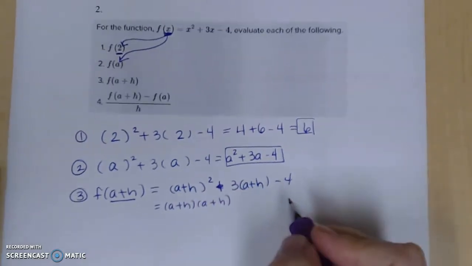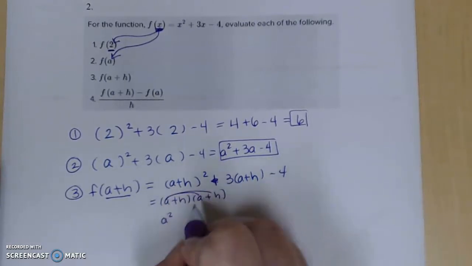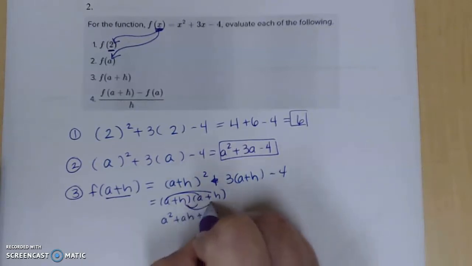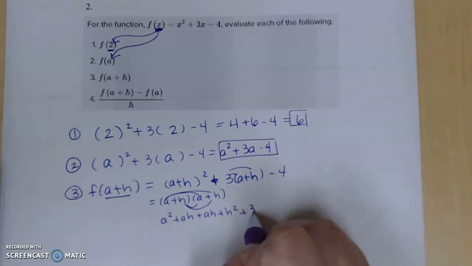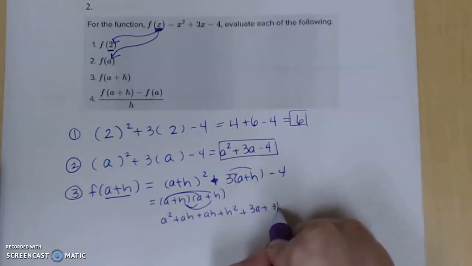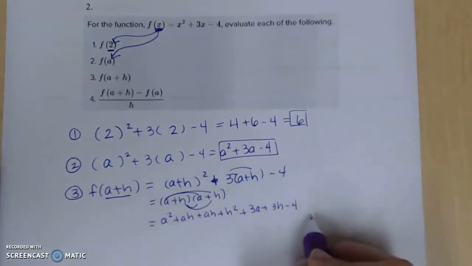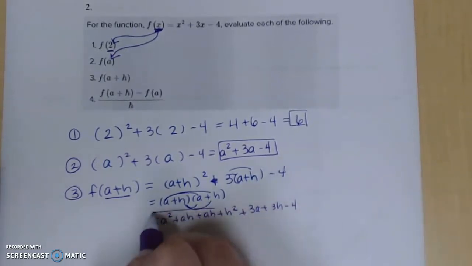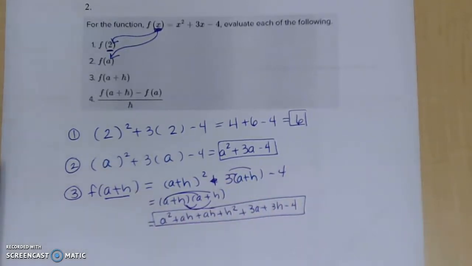So I definitely use our rules of exponents here. A times a is a squared plus ah plus ah plus h squared. I'm going to distribute the 3 here, so plus 3a plus 3h minus 4. And then I'm going to combine anything I can, but there's nothing really I can combine here. So this hairy looking thing here is f of a plus h.